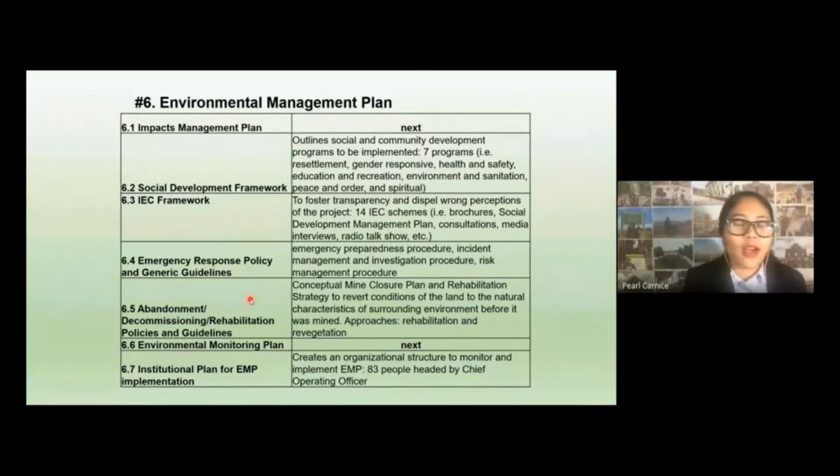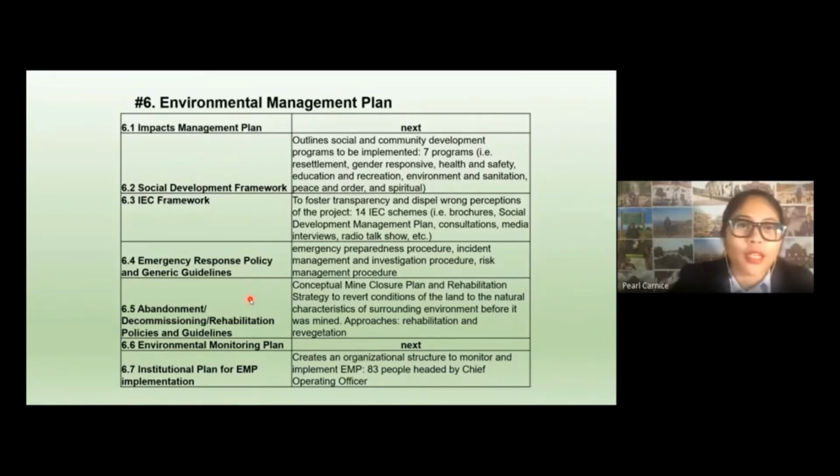Again, since there were a lot of questions last meeting about this when it comes to mining, as I said earlier, when they secure their ECC, all phases of the project are indicated in the ECC.